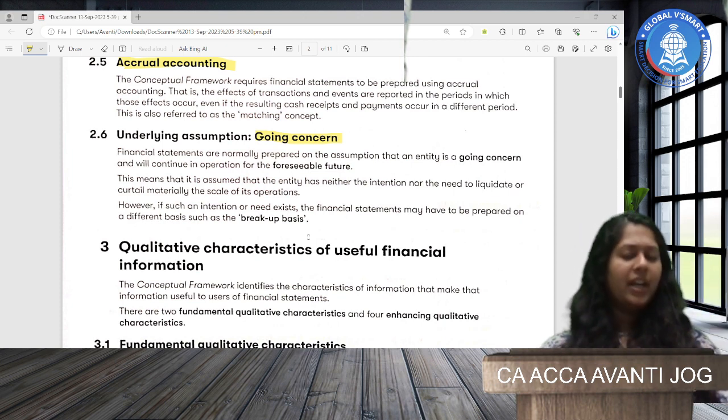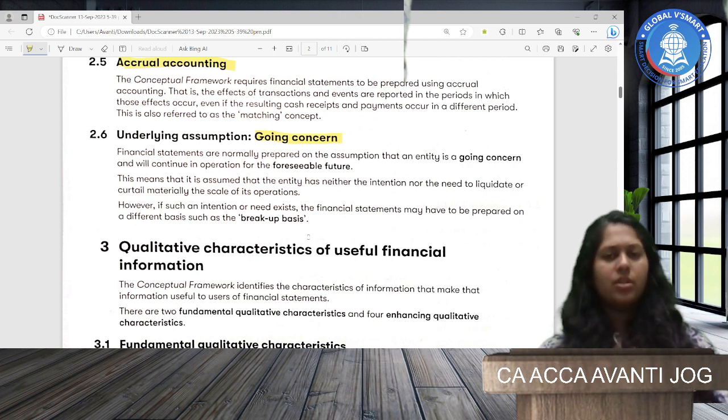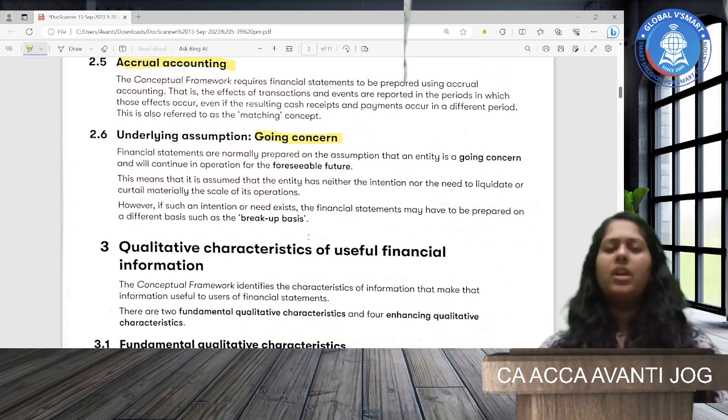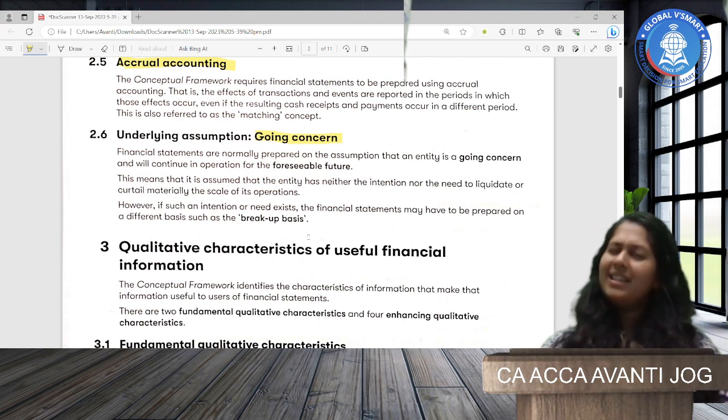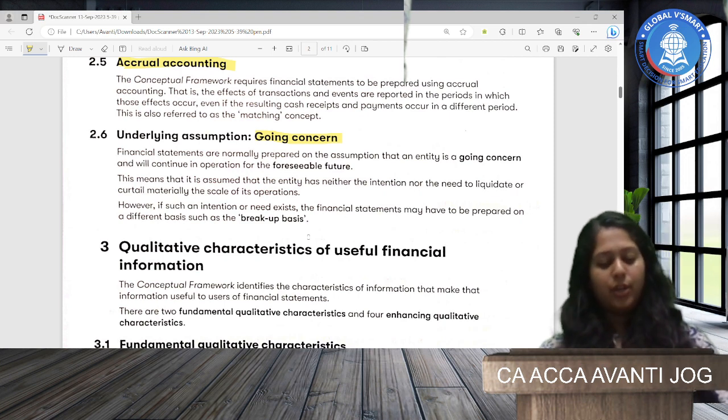It is struggling, facing financial losses, so therefore it has no option but to close down. There are two things. First of all, need, second is intention. So, who do we call a going concern? A going concern is basically an entity who does not have either the need or the intention to close down.